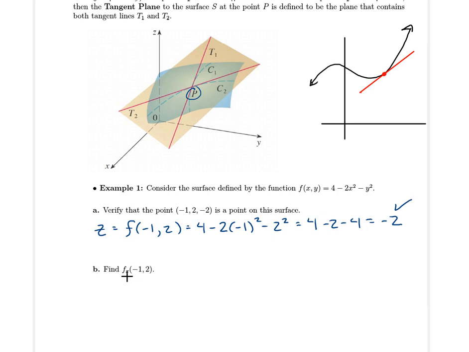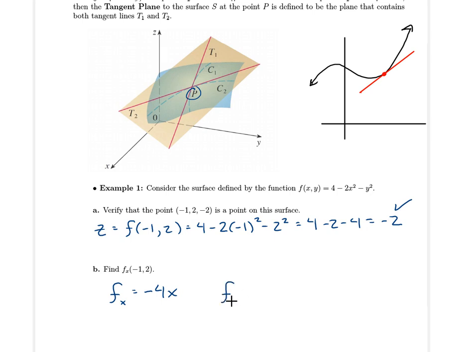Now it's asking us to find the partial derivative of f with respect to x. All right, so we know how to do that. That's just me thinking of y as a constant and then taking the derivative with respect to x. And so, of course, the 4 goes away and becomes 0. In that middle term, I get minus 4x, and then, of course, I'm treating y squared as a constant, so it just drops out.